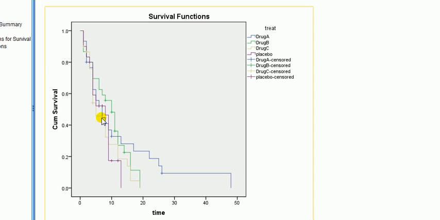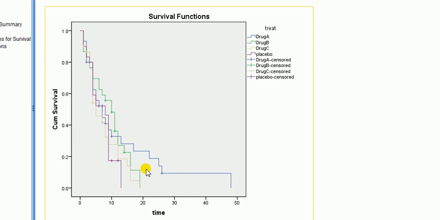But the idea is that these people are supposed to be representative of the population, so those curves should be similar to this curve, and in turn this curve should be similar to the true population curve. The question now is, is there a difference between the survival curves?